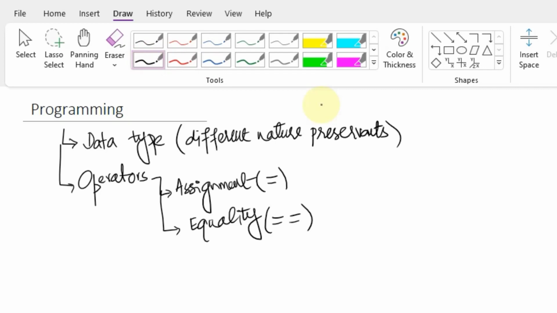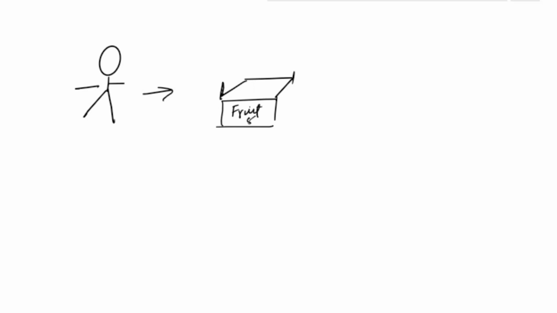So what is the problem? Suppose there is a person who goes to another person who has a shop, a fruit shop, and he has apples with him.